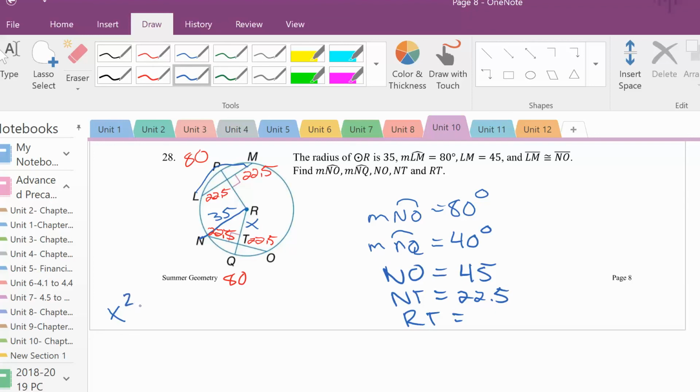So x squared plus 22 and a half squared equals 35 squared.